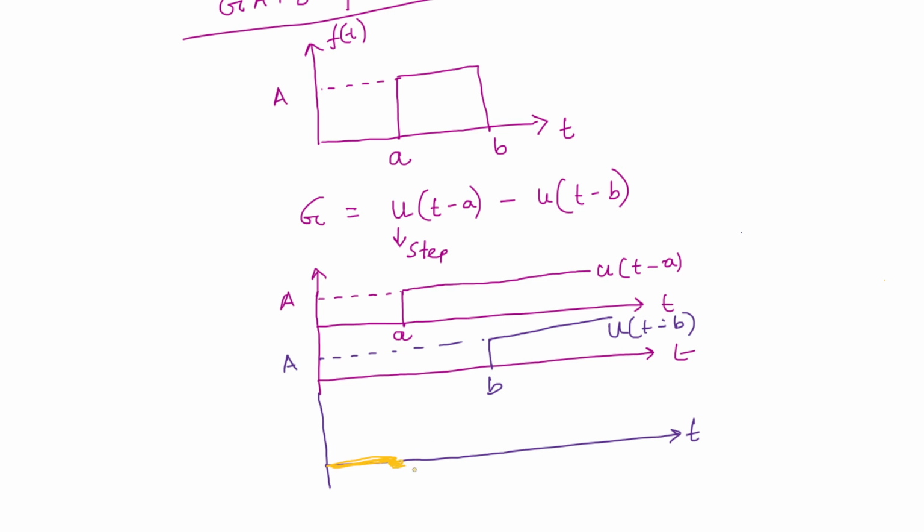Now from a to b, the first function has magnitude A and the second function has magnitude 0, so we get A minus 0, which is A. Again from b to infinity, both functions have magnitude A, so if you subtract them, it is 0. In this way, if you subtract two shifted step functions, you will get a structure like this. It is called the gate function, and mathematically it is represented by this equation.